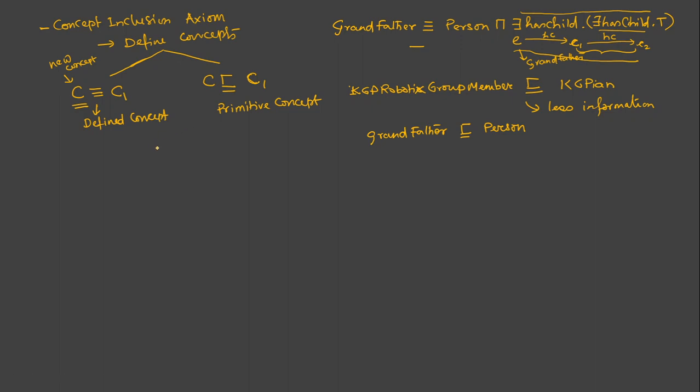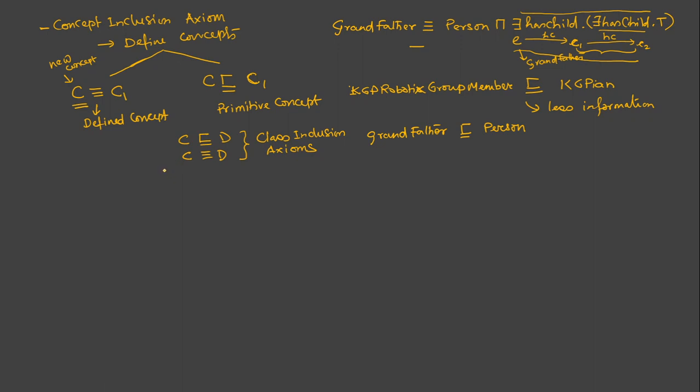Now, all these kinds of expressions like, say, C is a subclass of D or C is equivalent to D, these are called class inclusion axioms. Now, these class inclusion axioms can be defined over atomic concepts.